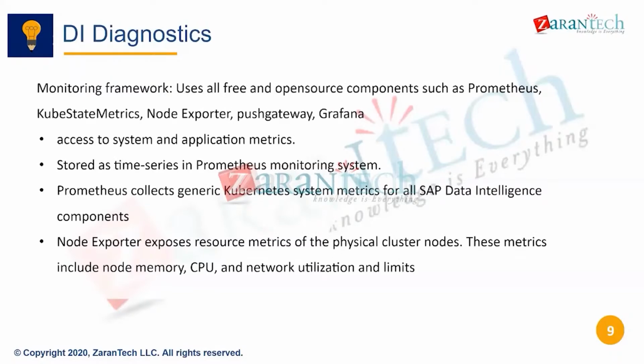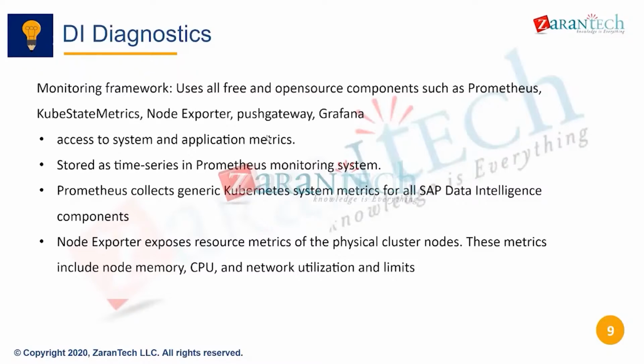Now, what is it that you can achieve? With Data Intelligence diagnostics, you will have in-depth insight into system and application metrics, and in-depth information in collecting all the Kubernetes system metrics for DI components.